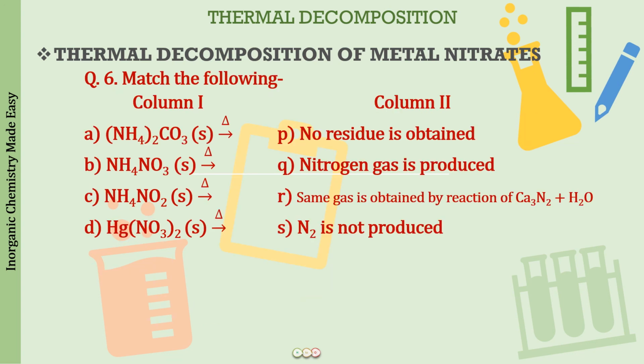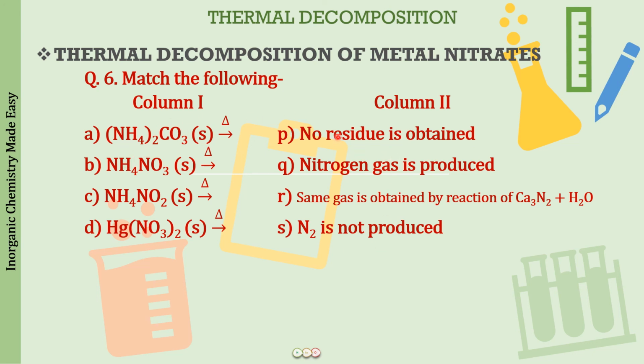So now I come up to the last question for today. This is a question that I'm not going to discuss, but this is going to be a homework question for you people. This is based upon today's lecture and the lecture that we've done previously on the ammonium salts. So we have to match column 1 with column 2. We have the decomposition of ammonium carbonate, ammonium nitrate, ammonium nitrite and mercury nitrate that we've done in today's lecture. You have to see which of the column 2 choices are correct for the column 1 choice.